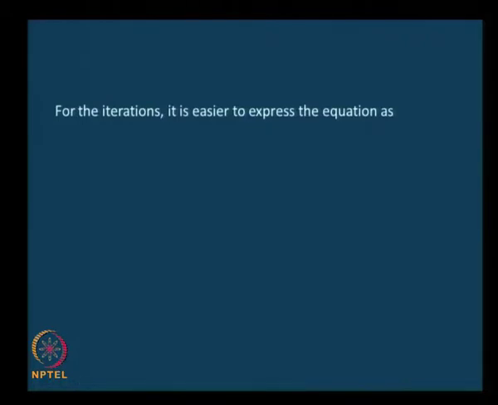For the iterations, it is easier to express the equation in the form of n and n plus 1. In other words, we said V2 was, we get it in terms of V1 and so on. So, we can generalize that and say V n plus 1 is RT by P into 1 plus C2 by Vn plus C3 by Vn squared.